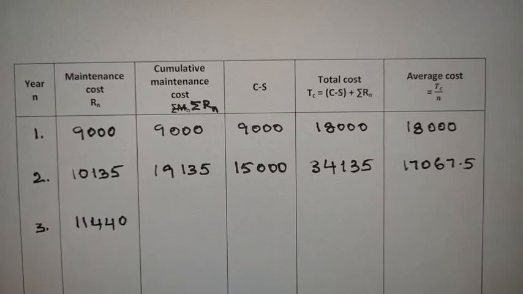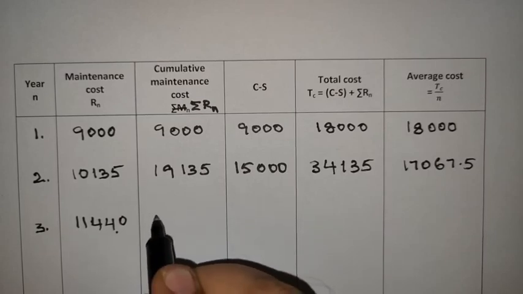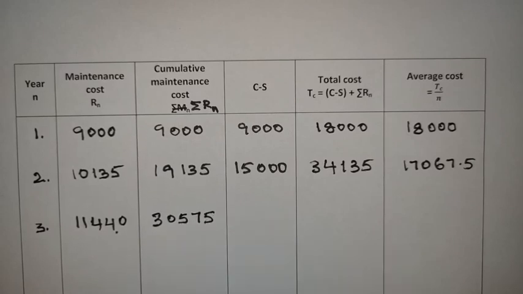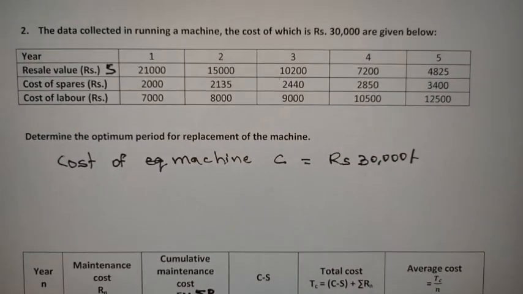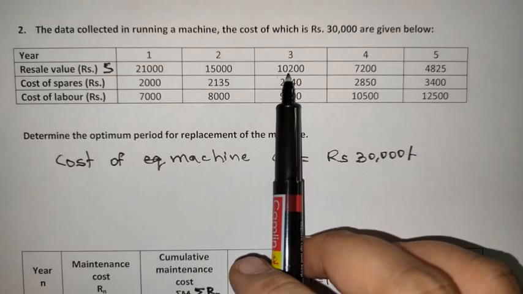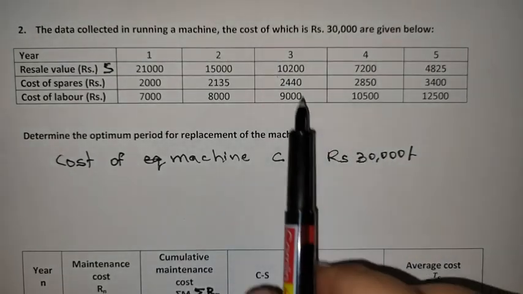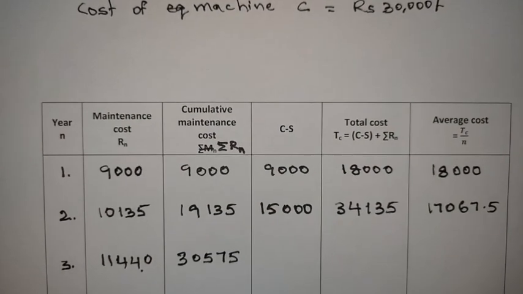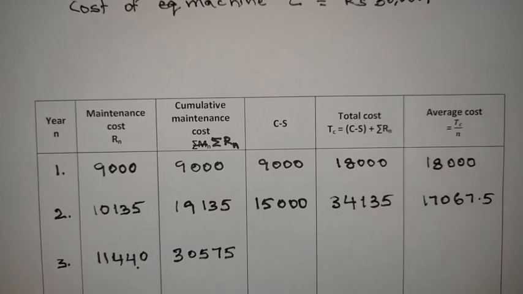Next, what is the cumulative maintenance cost? 11,400 plus 19,135, then it is equal to 30,575. Next, calculate C minus S. C value is 30,000, S value in the third year is 10,200. 30,000 minus 10,200, we get 19,800.